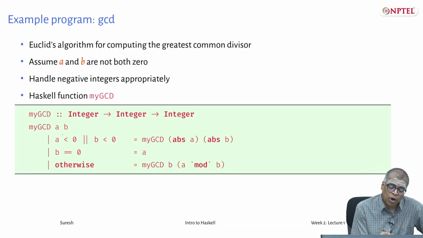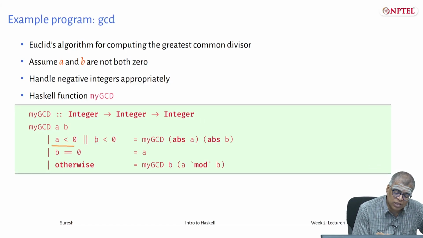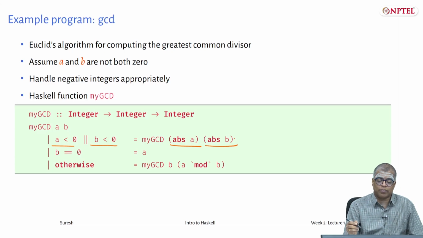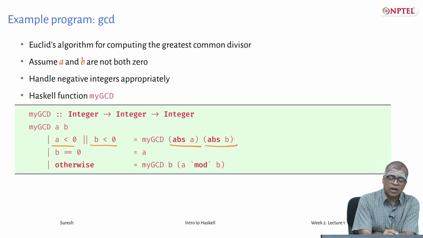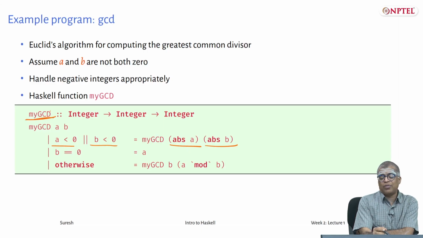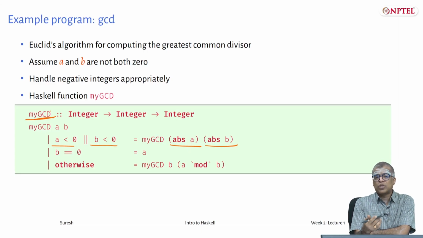So, what if either A is less than 0 or B is less than 0, then I will just call the GCD function on absolute value of A and absolute value of B. Okay. Notice again that we are defining a function called myGCD. Why are we calling it myGCD? That is because GCD itself is a built-in function in the standard library. So, if you just try to redefine GCD, Haskell will complain.